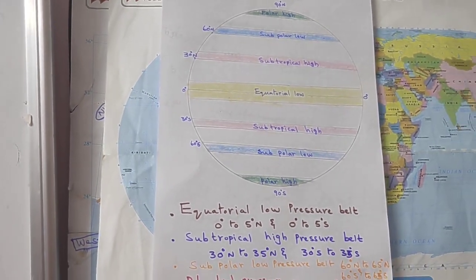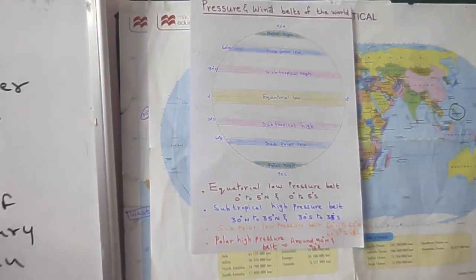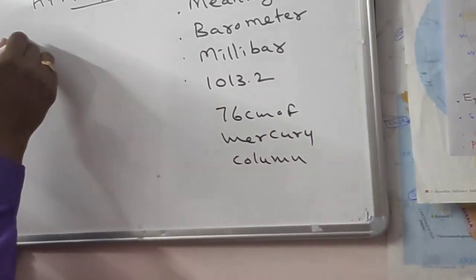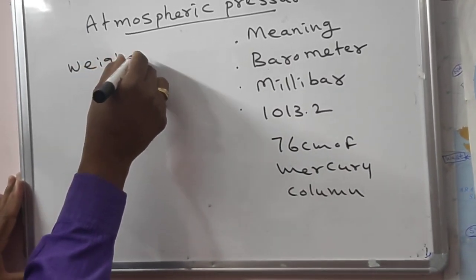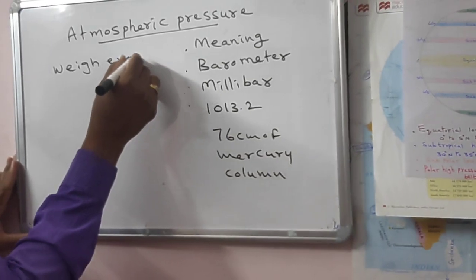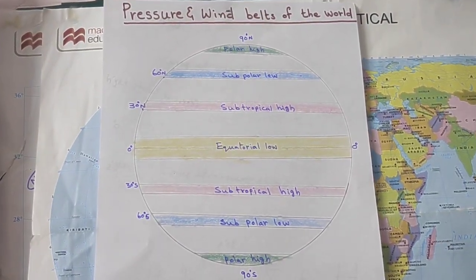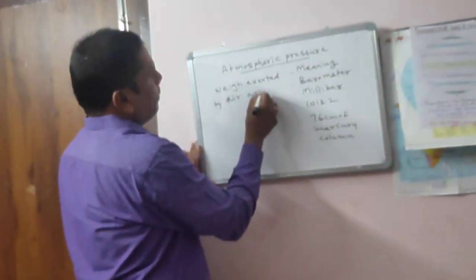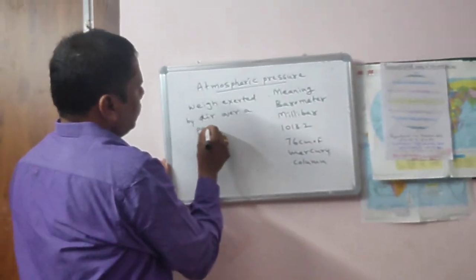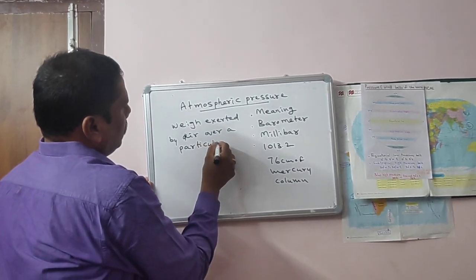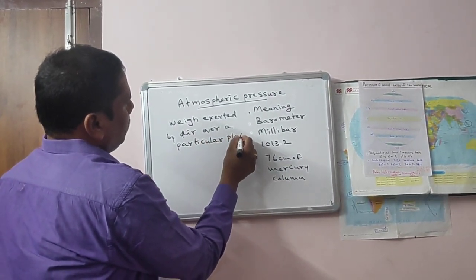The first one, see the meaning, that is atmospheric pressure, that is the weight exerted by air over a particular place or area.